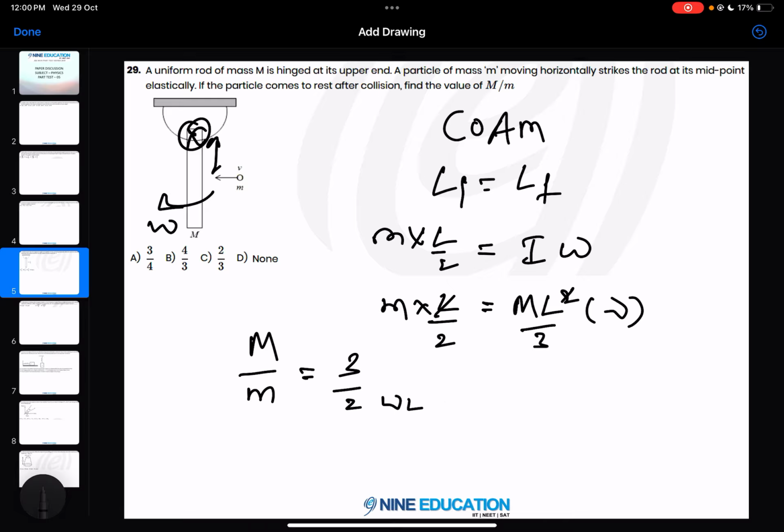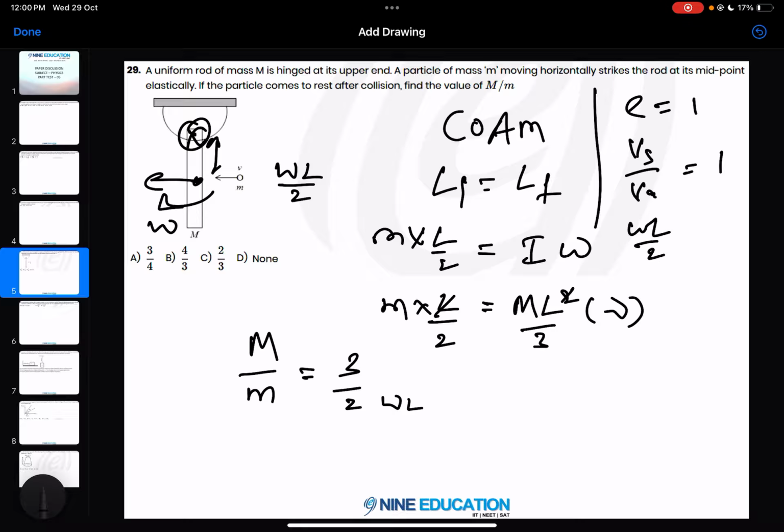Now we need one more relation. To get one more relation, we're simply going to write e equal to 1 because it is an elastic collision. So velocity of separation by velocity of approach is 1. Velocity of separation, the rod is going to get separated or move away. Here the velocity will be omega L by 2.